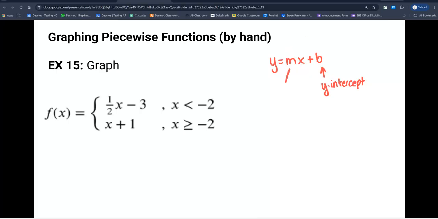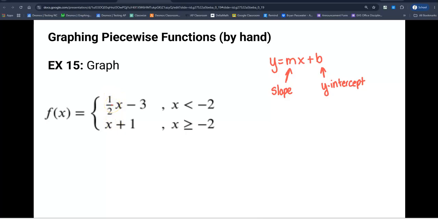What's this m right here? It doesn't start with m. It starts with s. Slope. How do we do slope? Like if we're graphing something and it has, like what's the slope of that top line? 1/2.